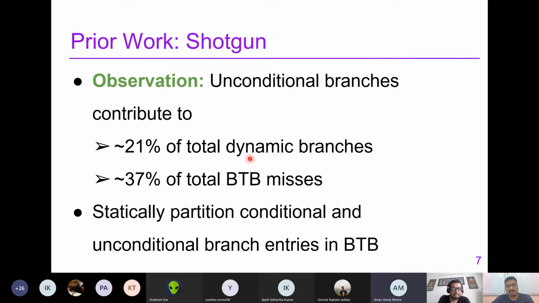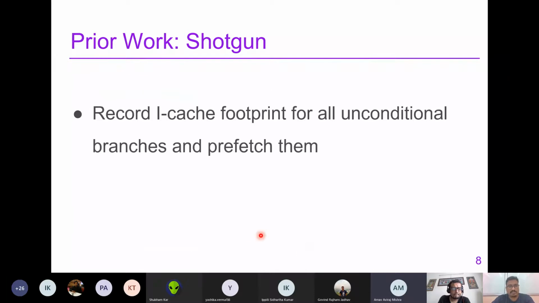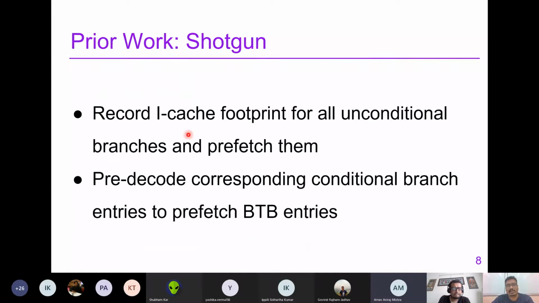So Shotgun statically partitions the conditional and unconditional branch entries in the BTB. It also records the iCache footprints and replays them. Whenever the same unconditional branch is encountered next time, it prefetches the recorded footprint and pre-decodes the corresponding conditional branches to prefetch the BTB entries.